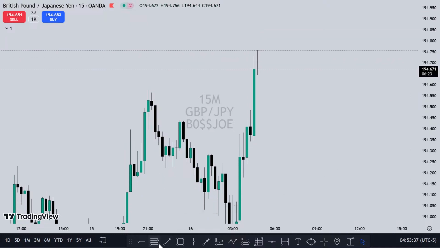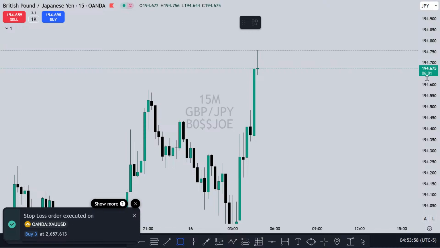I really want to see it, as this is 15 minutes. Remember, a fair value gap is a triple candlestick pattern in which, if it's a bullish fair value gap, the high of the first candle does not overlap with the low of the third candle. So in the next 5 minutes, okay, I've been stopped out with gold.